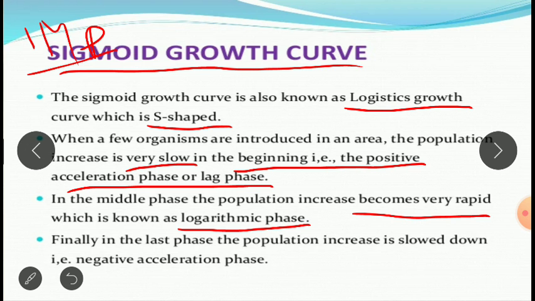That is, we have learnt now from the environment or from other populations how we have to control the population based upon the resources that we are getting or the resources that are available. And finally, today the world population has reached the last phase. That is, the population increase is slowed down. That is called the negative acceleration phase.